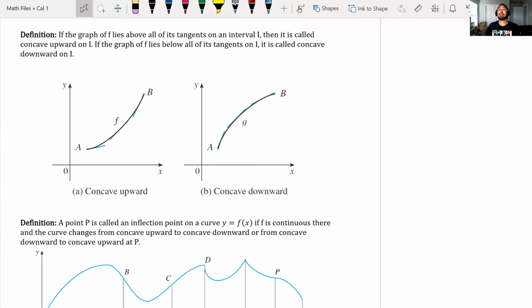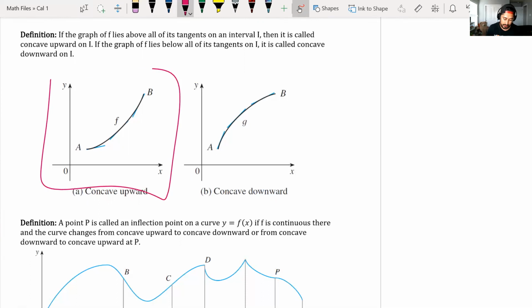So now we look for concavity. And to find concavity, we need the second derivative. So below are just examples of what concave up and what concave down look like. So first picture is concave up. Concave up can look like that, or concave up can even look like this, right?